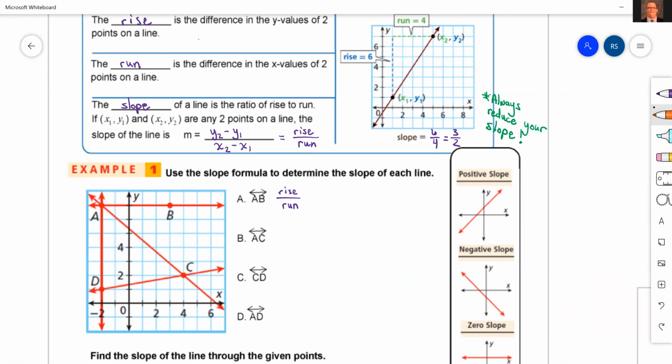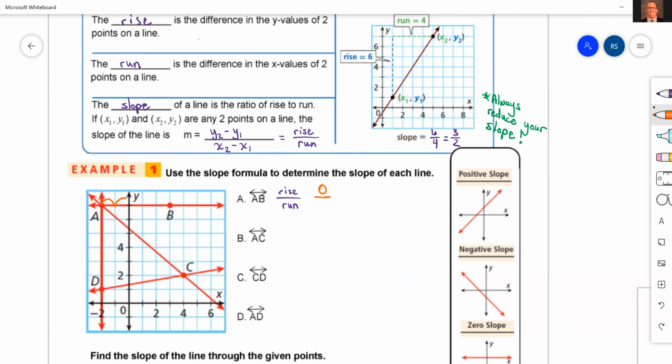So let's see here what's happening on AB. Well, to get from A to B, how much do we rise to go from A to B? Do we go up or down any? No. So our rise would be 0 over. Now, what do I run over from A to B?